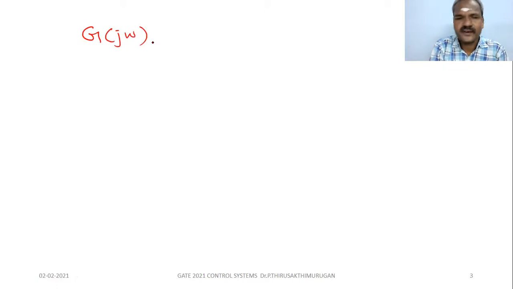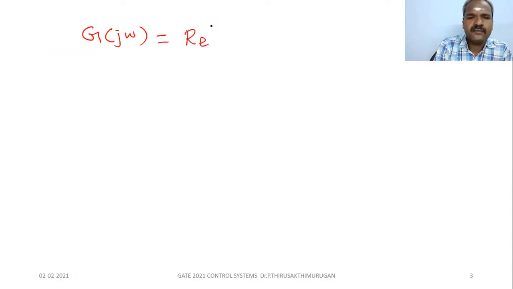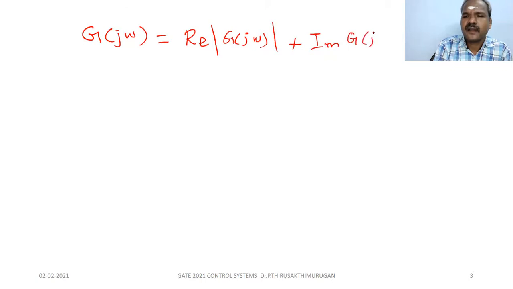The G of j omega, the frequency transfer function, can be separated into a real part and an imaginary part, by taking the conjugate and other factors. So basically, it is the real part of G of j omega plus the imaginary part of G of j omega.